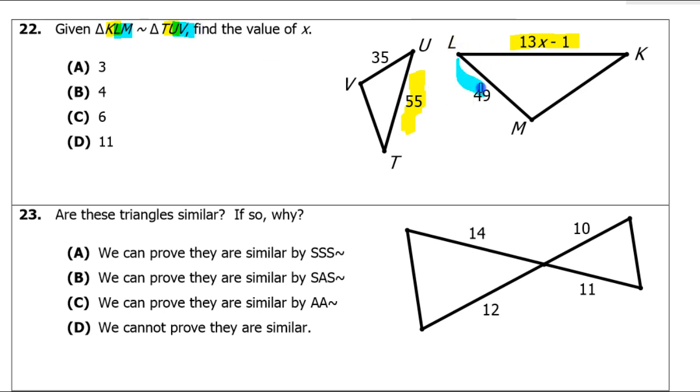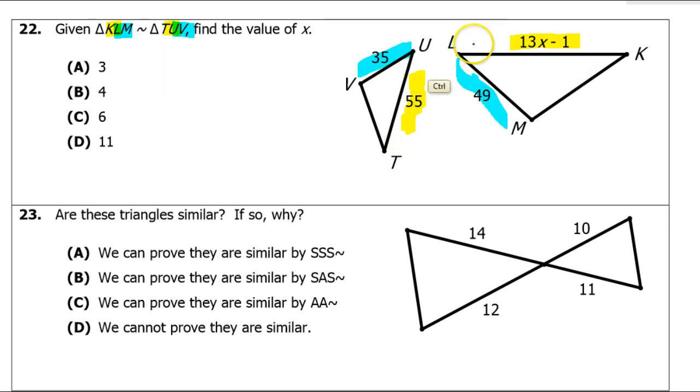LM is right here, and UV is right here. So those are corresponding. So now I can go ahead and set up a proportion. I'm just going to do small over big equals small over big, making sure to match up yellow over yellow and blue over blue.